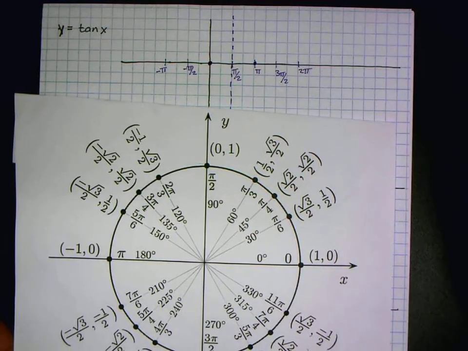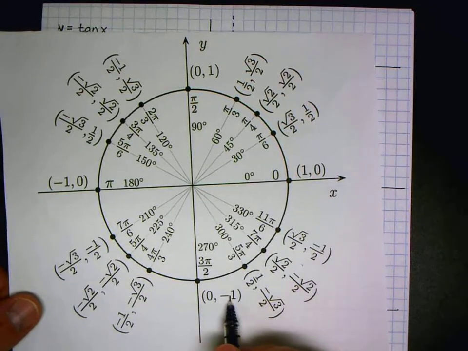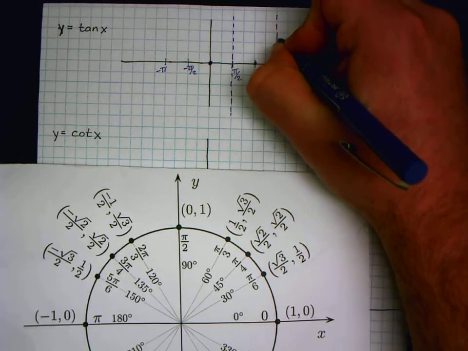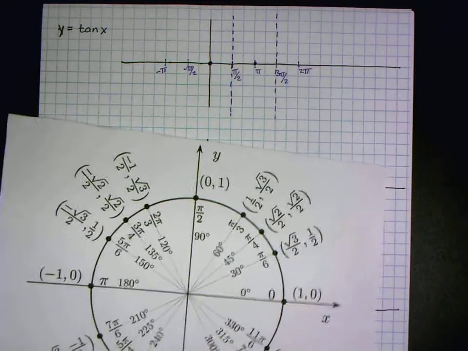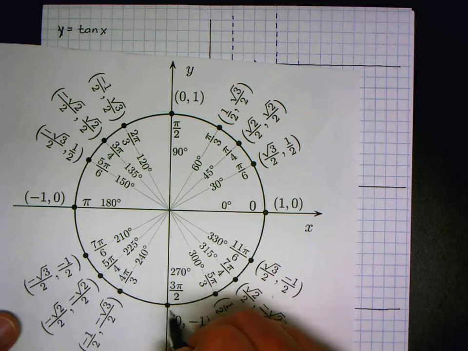Okay, 3 pi over 2. That's negative 1 divided by 0, so that one's undefined. Now, just because I know what it's going to look like, I'm going to stop there and actually go backwards. At negative pi over 2 is also down here.